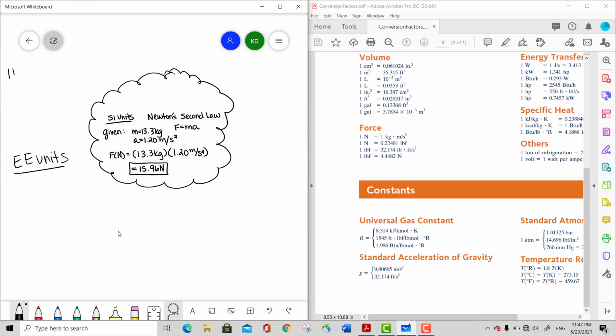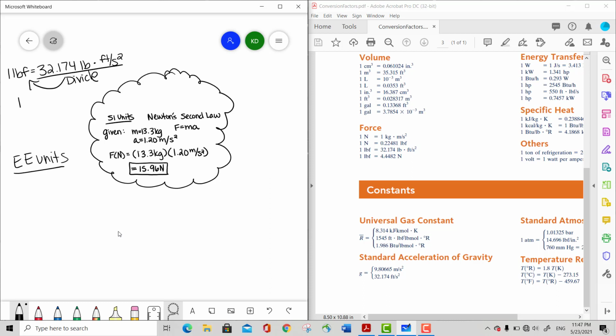So we've got 1 pound force equals 32.174 pound times feet per second squared. And then to make this whole thing a conversion factor, we just need to divide and get this to this side.